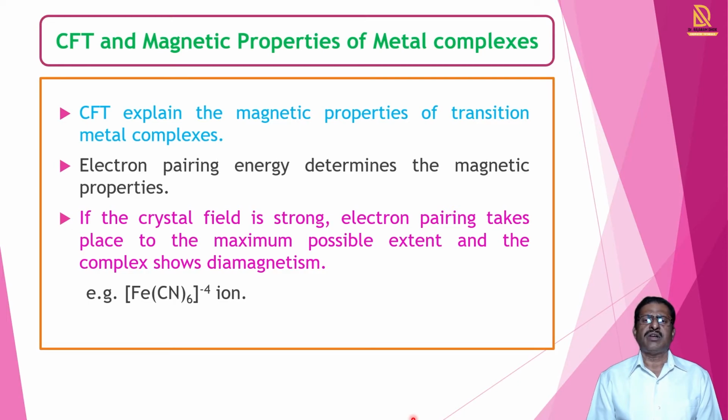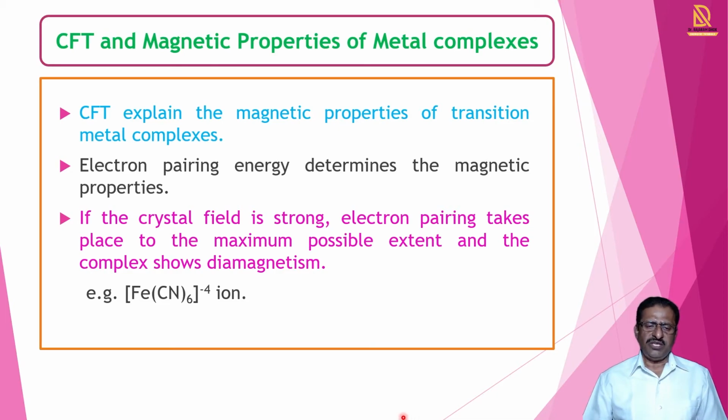Some electrons are unpaired, and this electron pairing energy and the free electrons determine the magnetic property. If the crystal field is strong, then maximum electron pairing takes place, and in that case the compounds are diamagnetic.